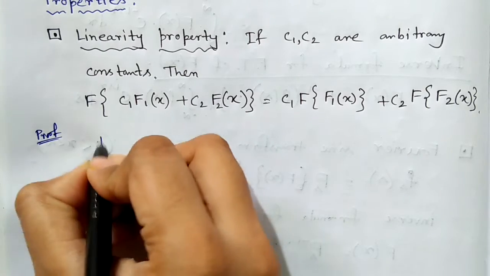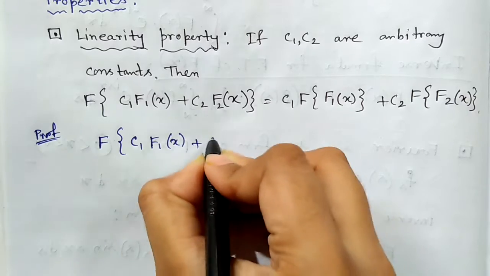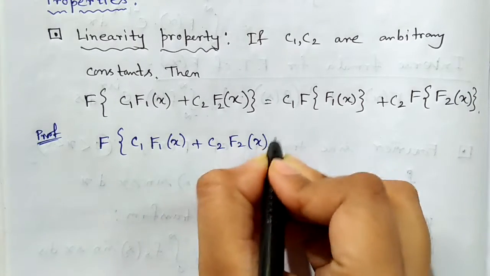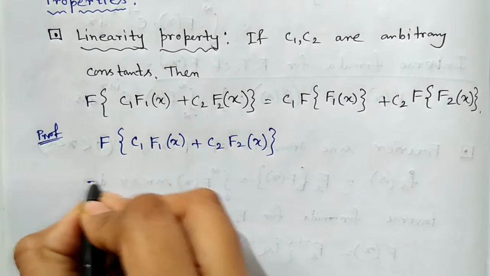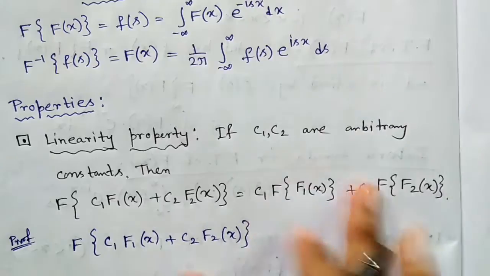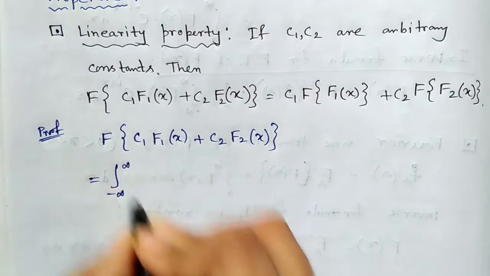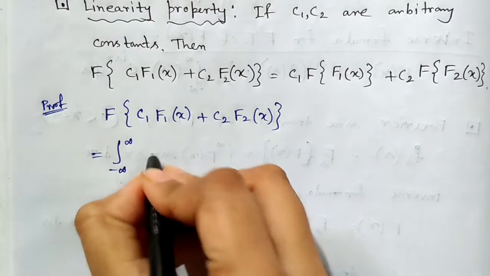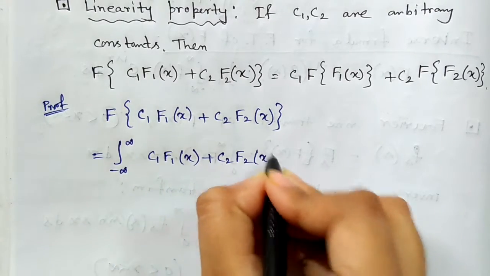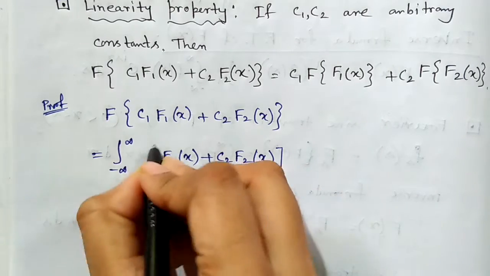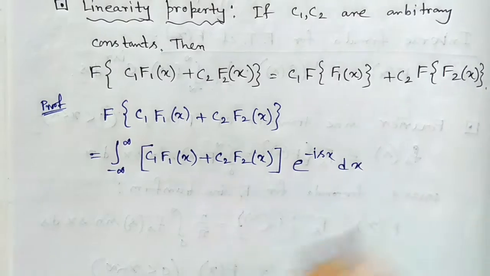So start from the left hand side: the Fourier transform of C1 f1(x) plus C2 f2(x). Here f1, f2 are two functions. By our formula, this is equal to the integral from minus infinity to infinity of the whole function C1 f1(x) plus C2 f2(x) times e to the power minus isx dx.